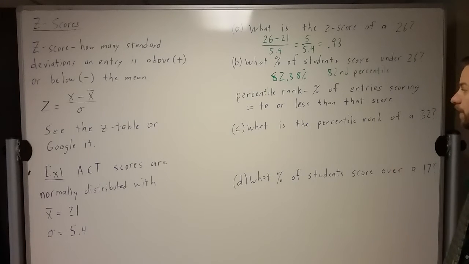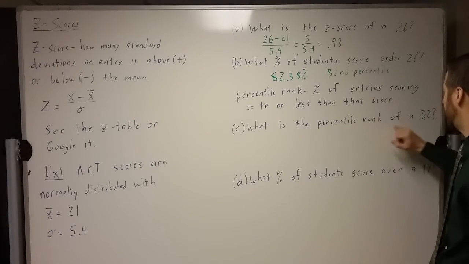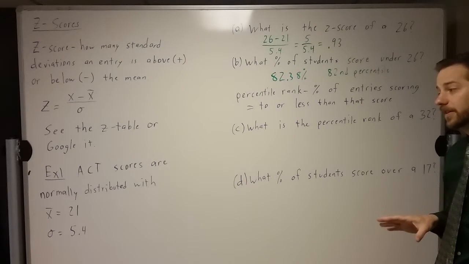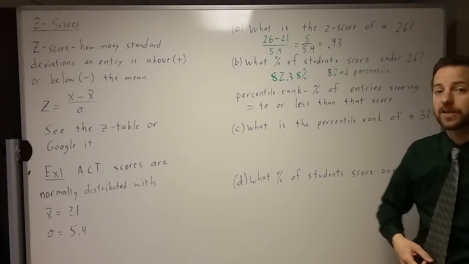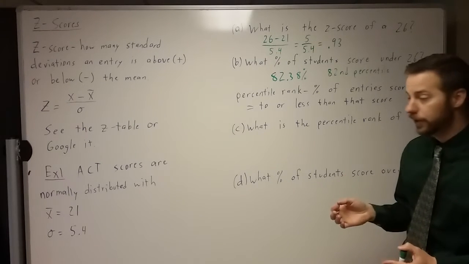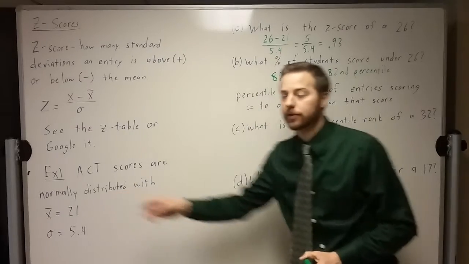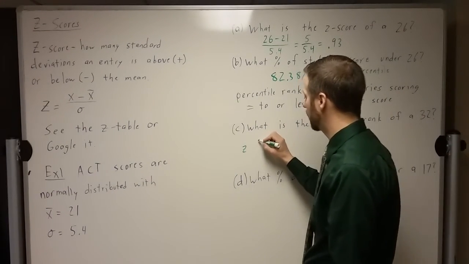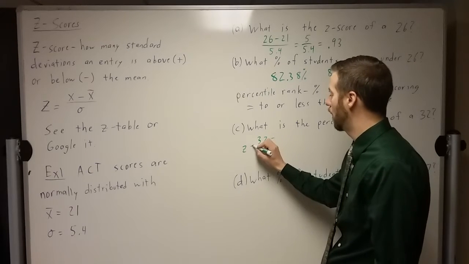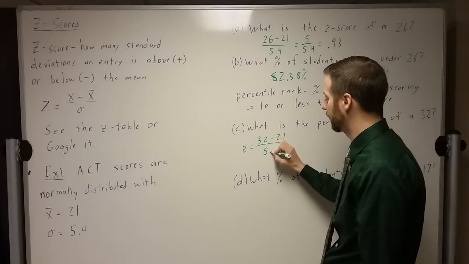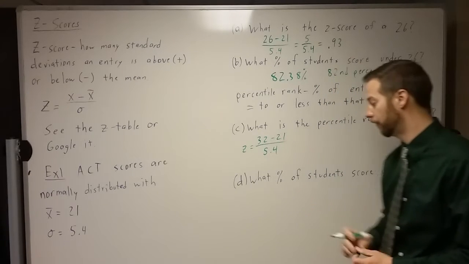So let's try another one here. What is the percentile rank of a 32? Well, if we're going to figure this out, the first thing we need to find is the z-score of a 32. A 32 is higher than the 21, so it's going to be a positive z-score. To find that z-score, we're going to do 32 minus the 21, and then divide that by our standard deviation of 5.4.